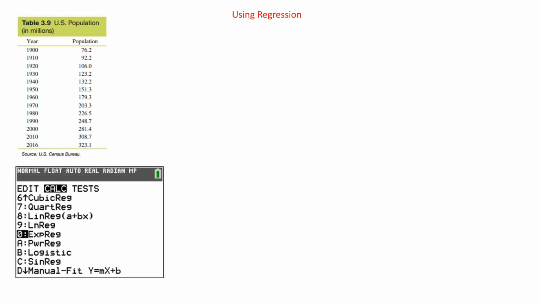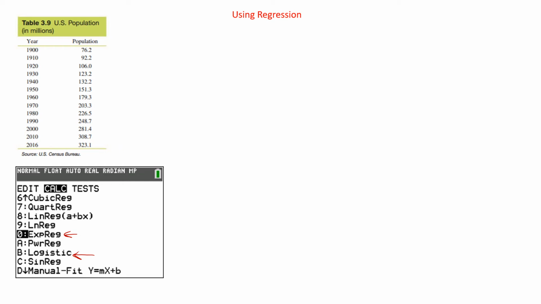So we can do our regression a couple different ways. We can use our calculators. If you have a calculator handy, you do this regression the same as you would do any other regression. You're going to enter your data in the Stat and Edit menu, and then you go to Stat Calc, and we can pick Exponential Regression, or you can also pick Logistic Regression.